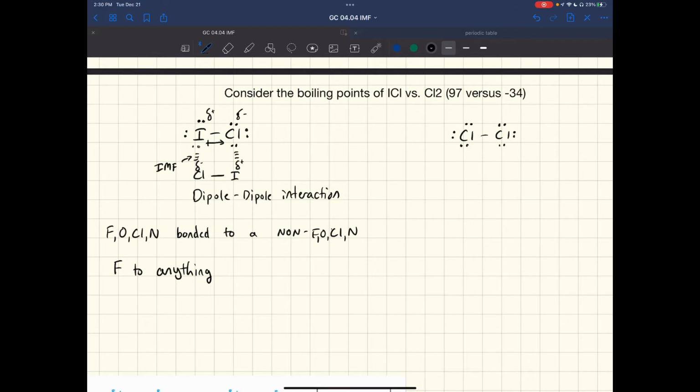Well, what about Cl2? Well, these have the same electronegativity. And since they have the same electronegativity, there's no bond dipole. Which means no dipole-dipole interactions.